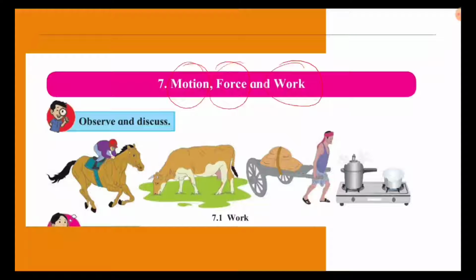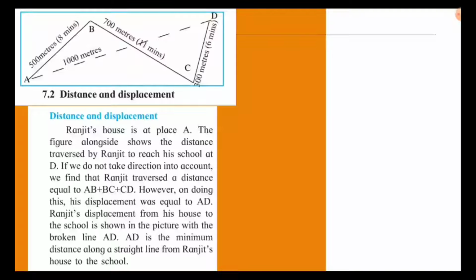So let's start with a very simple definition, that is distance and displacement. What do you mean by distance and displacement? Now suppose we are at position A and we travel to position B. From A to B it is 500 meters, and then from B to C it is 700 meters, and then again from C to D it is 300 meters.